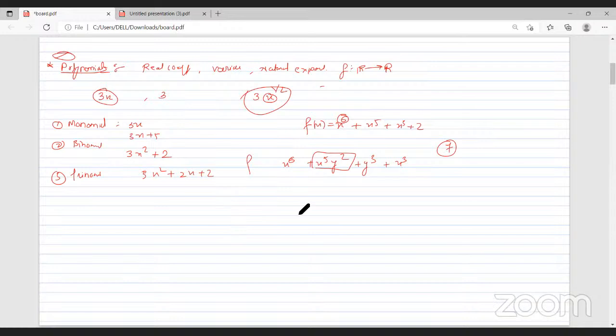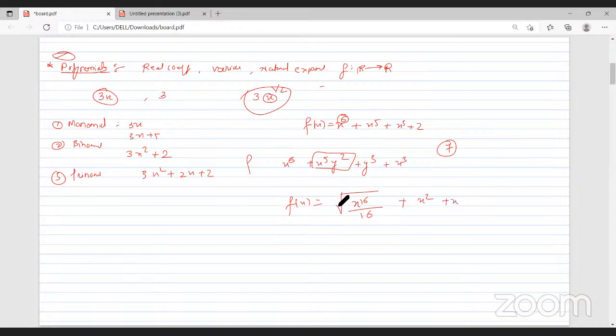One more example: f of x equals the square root of x to the power 16, plus x square plus x.